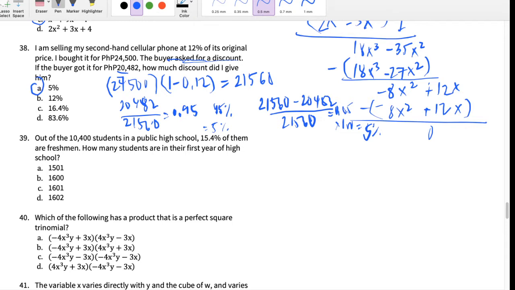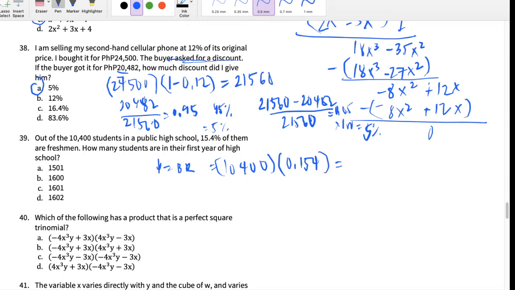Okay, number 39. Out of 10,400 students in a public high school, 15.4% of them are freshmen. So, how many students are in their first year of high school? Okay, so ang tinatanong dito is the percentage. So, base times rate. 10,400 times 0.154.